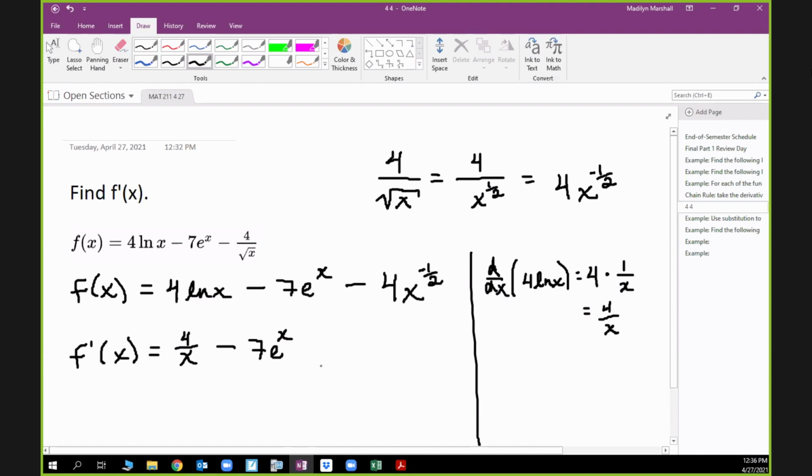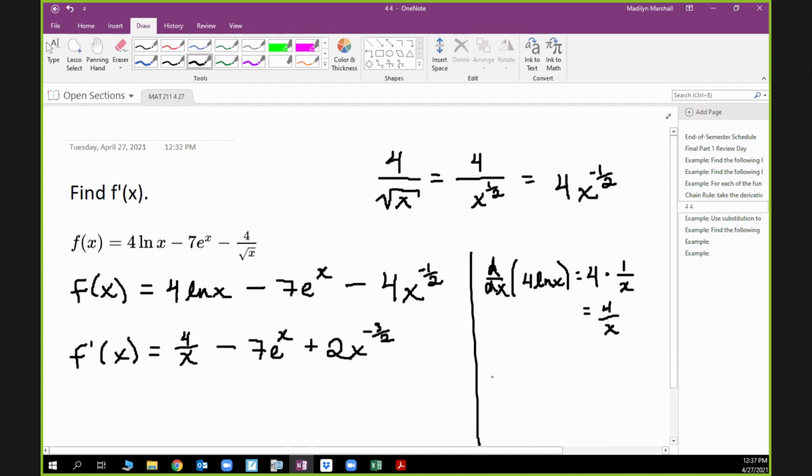And our last one. So here's where we need to be careful. Power rule. Is positive 2x to the -3 over 2. Yes, exactly.